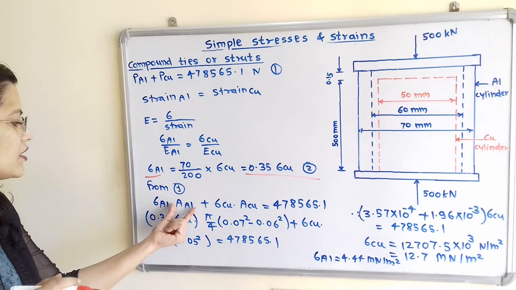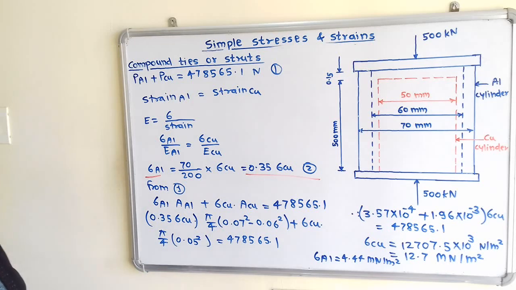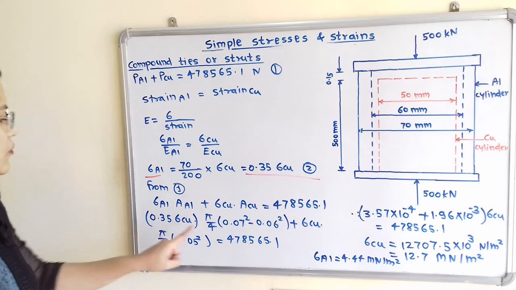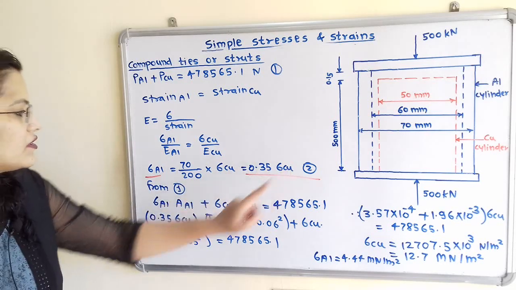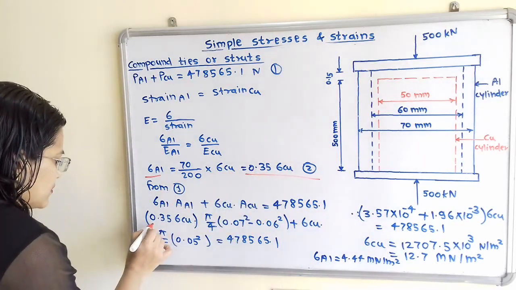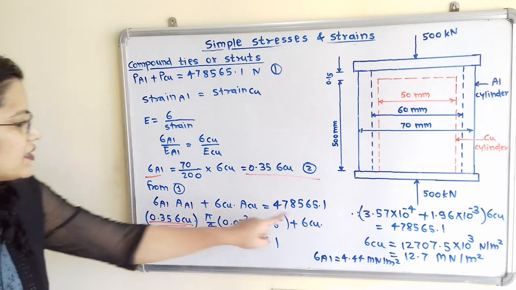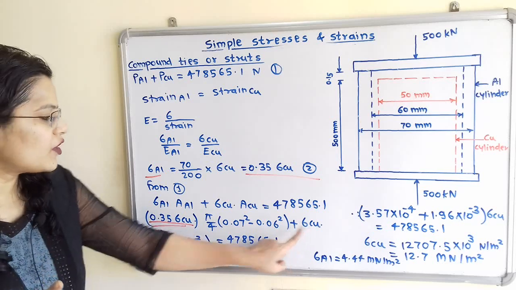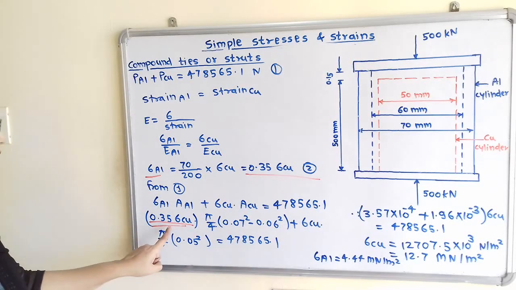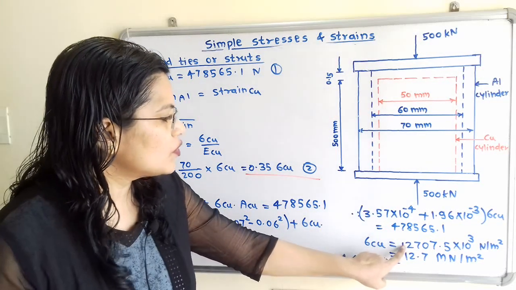Now we put in the values of area for the aluminium and copper cylinders, which is pi by 4 d square, and we replace sigma aluminium with 0.35 sigma copper. Now if we observe this equation, it is in terms of sigma copper only, that is, there is only one unknown term, sigma copper.